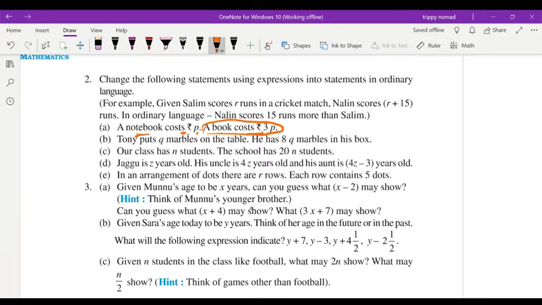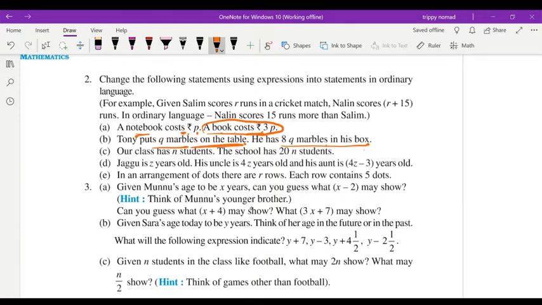Second, Tony puts Q marbles on the table. He has 8Q marbles in the box. So, in the simple language, you will write ordinary language. Tony's marbles in the box are 8 times the marbles that he put on the table.